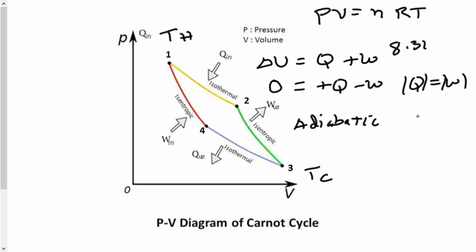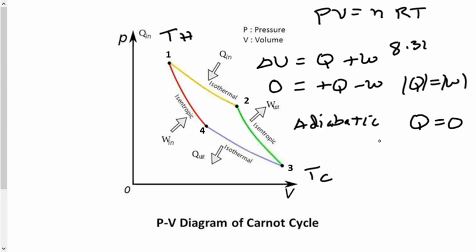Now, what that means is heat flow is equal to 0. So we're not allowing any heat to exchange or mass and friction. This is a frictionless, reversible situation where no heat flows and no mass exchange between the system and the surroundings. And that's why it's called isentropic. It's adiabatic, which means no heat flow.